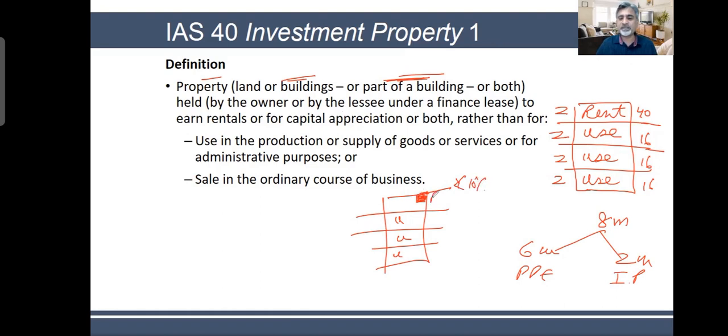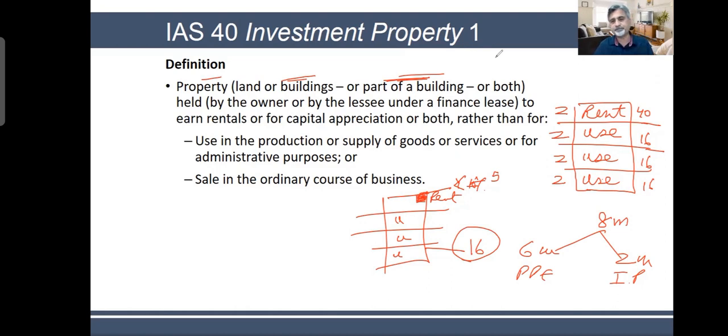If it is an immaterial thing, 5% or 6% of the total building, then you may take all of that to IAS 16 to simplify your accounting. Sometimes out of your entire building, you have given only two rooms to someone. So for the sake of simplicity, if it is immaterial, you can treat all of that under IAS 16.